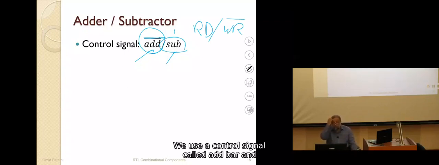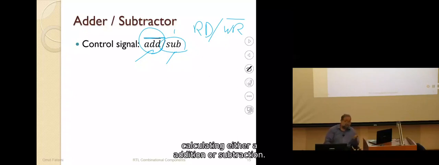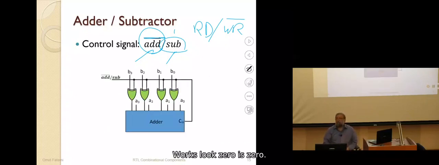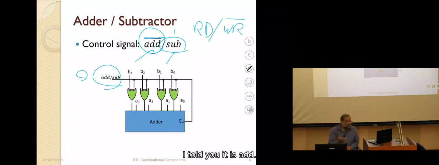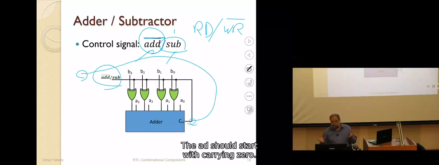So we use a control signal called add bar / sub, and then we use it for calculating either addition or subtraction. This works. Look, if it is 0, it means add. So this 0 comes here, so the carry in is 0. The add should start with carry in 0.